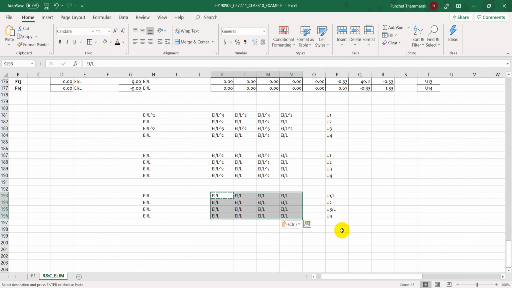You have EI over L scale to all entries in your matrix. So you can do the common factor out, you take the EI out, and you leave only just numbers in there. And then you can do the matrix transpose, inversion of matrix. You multiply everything, you don't have to worry because you now take out this common factor EI over L.